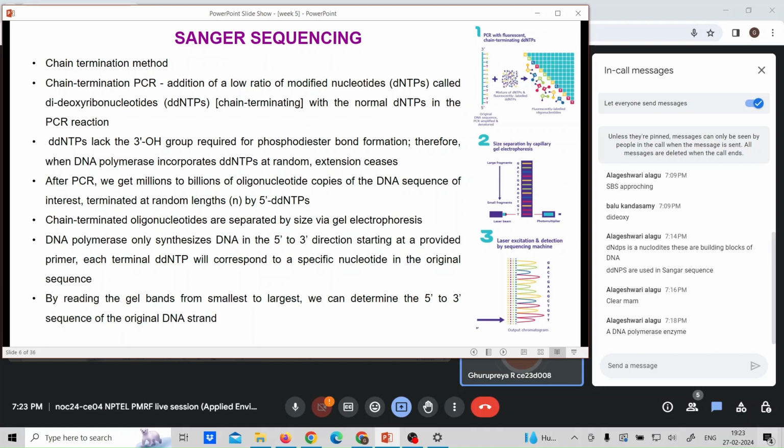Have any of you heard about gel electrophoresis? You can just tell a yes or no. If yes, you can tell me what is the driving force, or what principle it's based on?